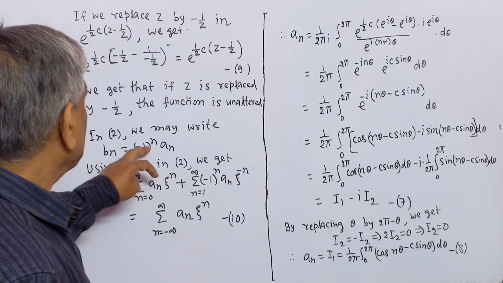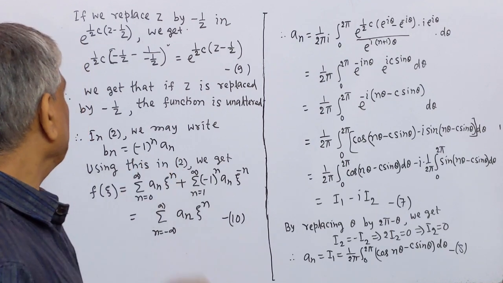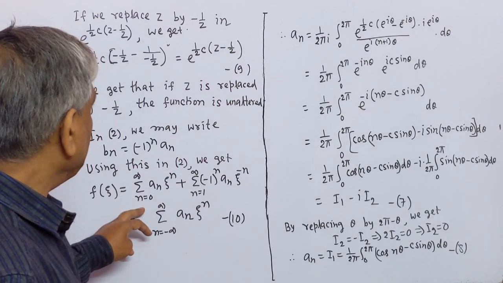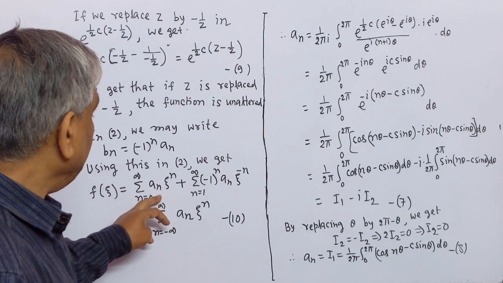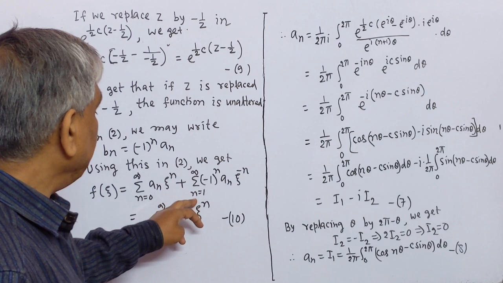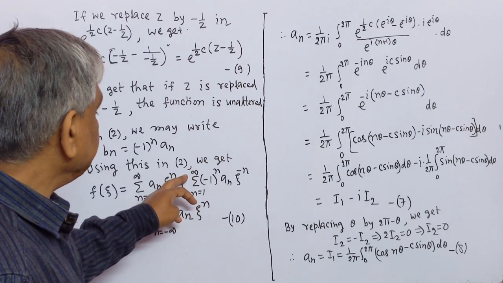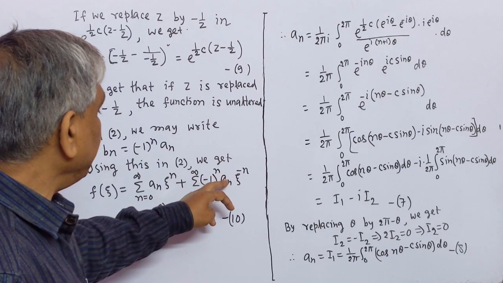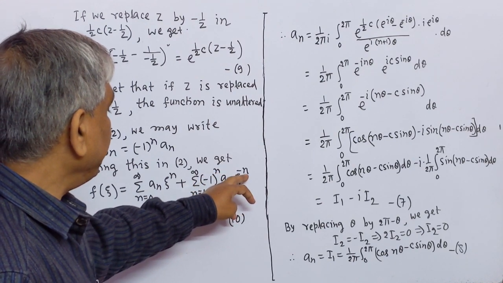Using this, bₙ = (-1)ⁿ aₙ, we get f(ξ) = Σ (n=0 to ∞) aₙ ξⁿ + Σ (n=1 to ∞), in place of bₙ we write (-1)ⁿ aₙ ξ^(-n).